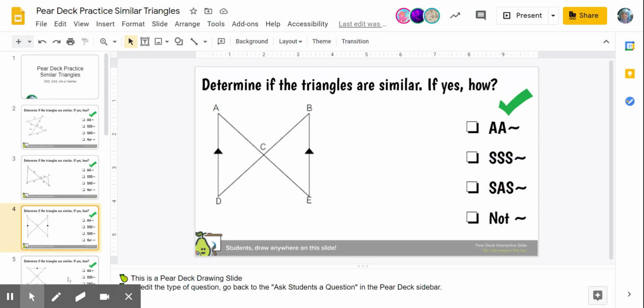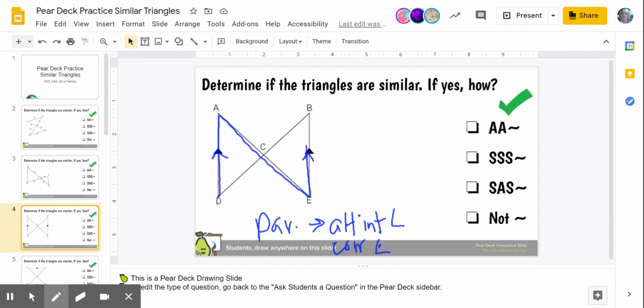Number 4 starts with the tricky ones. What do these arrows mean? Parallel. Those mean parallel. When you see parallel lines, I automatically want you to think alternate interior angles and corresponding angles. Okay. So I can make a Z, parallel, transversal, parallel.